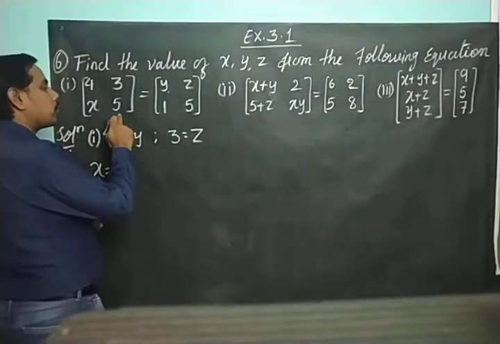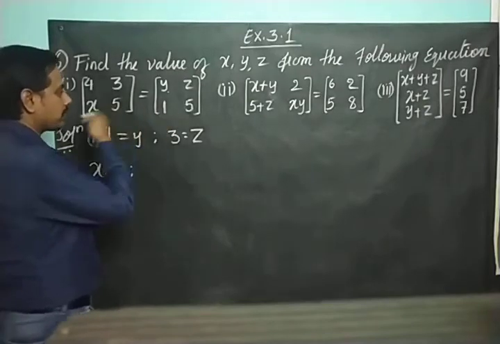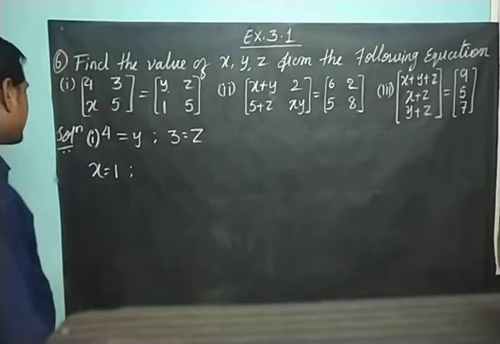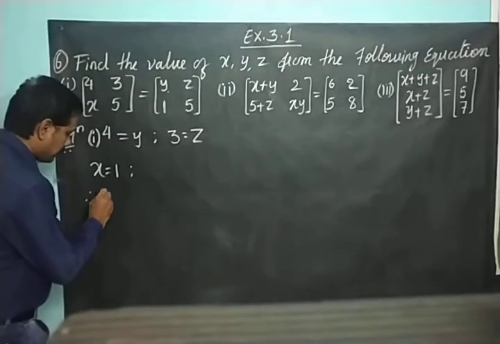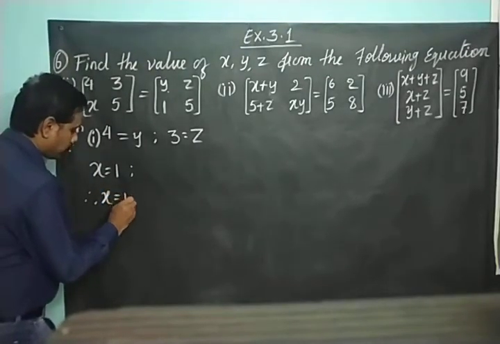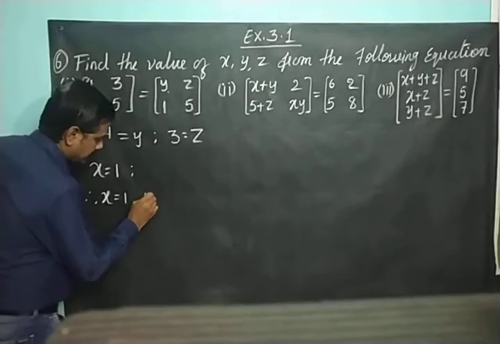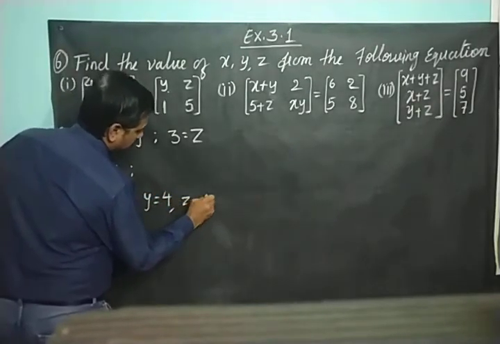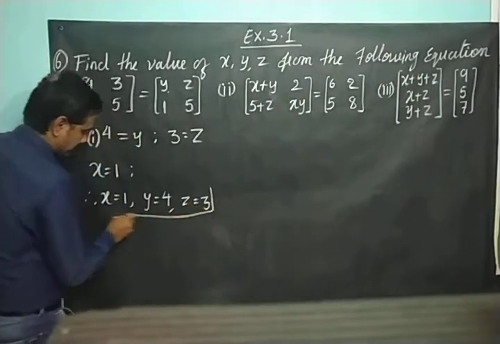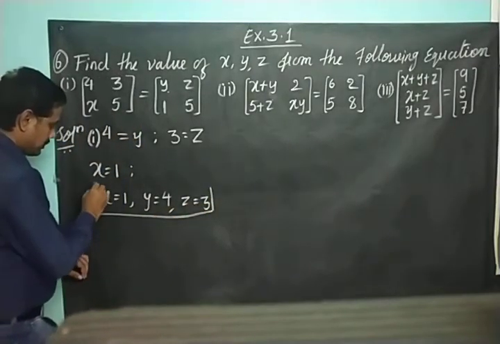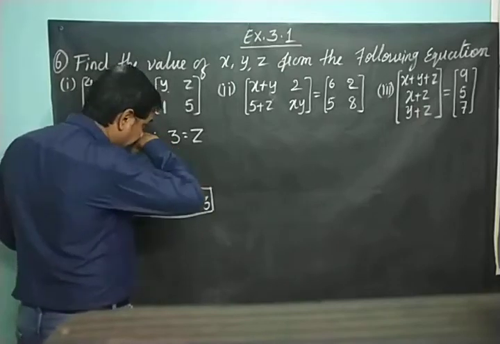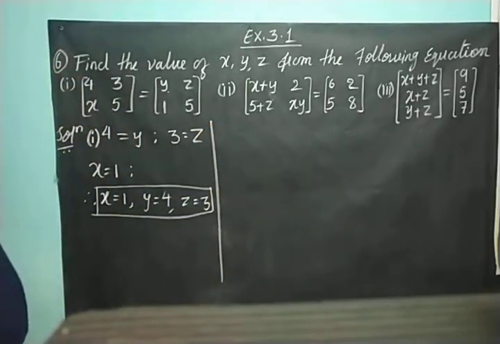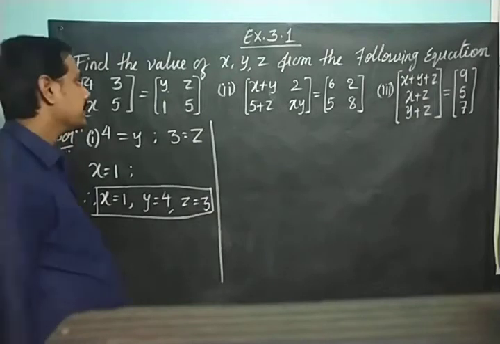Next, A22 there is no need, because on both sides we have a constant. So what were we asked to find? x, y and z. Therefore x is equal to 1, y is equal to 4, z is equal to 3.